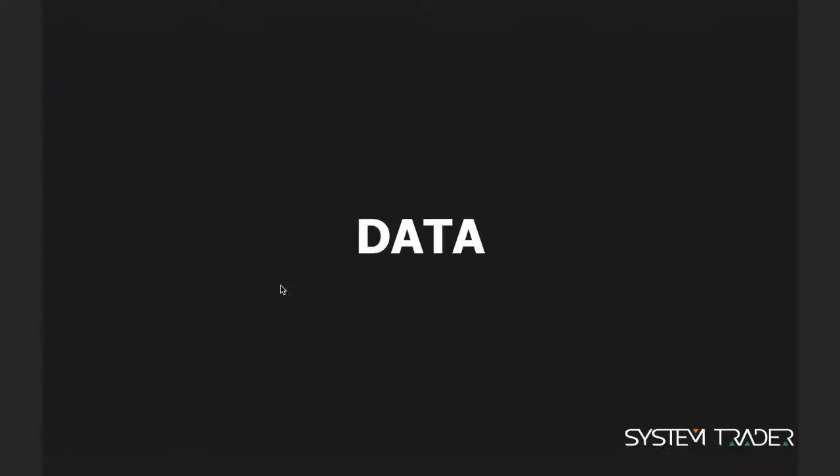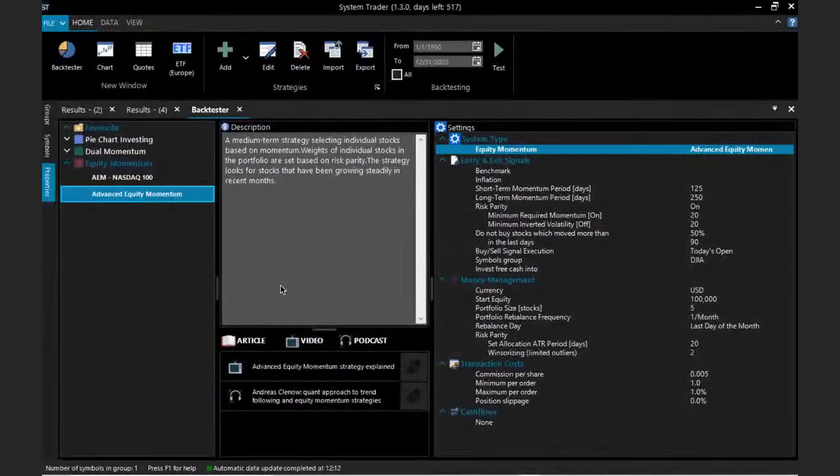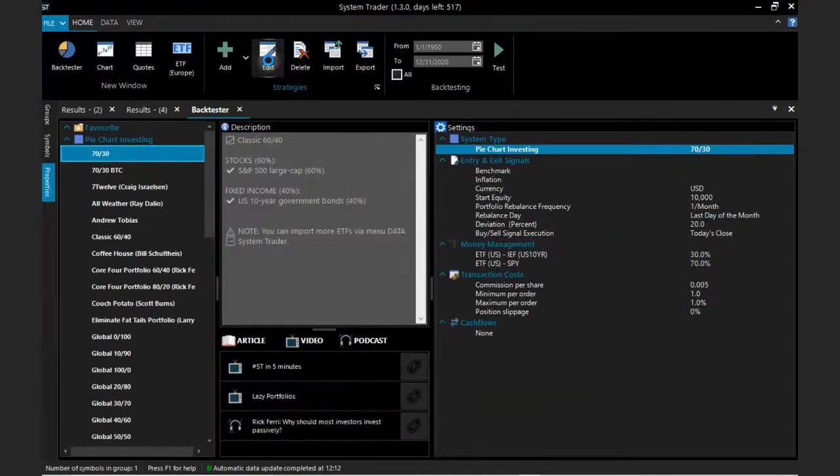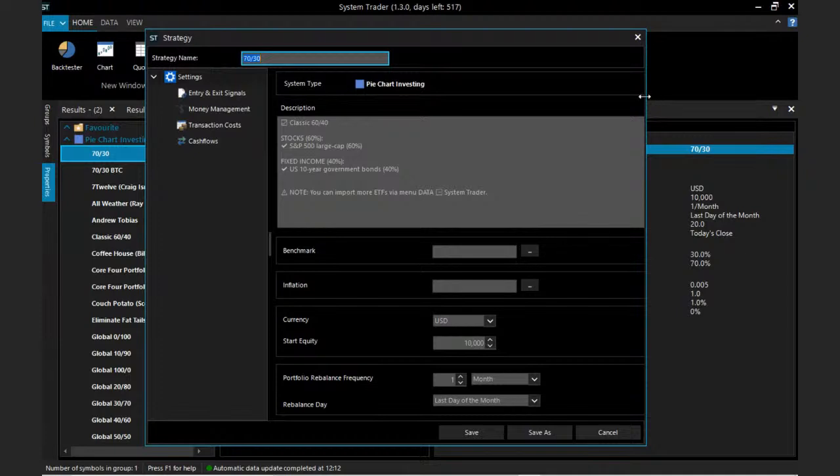And now a bit about the data, because I think this is very important. The data, it's like the oxygen, because we have to somehow do our backtesting. And when it comes to the data here in that software, there is a data which is built into the application, the historical data, and which, as I told you, is going back to even the beginning of the 20th century, over 100 years.